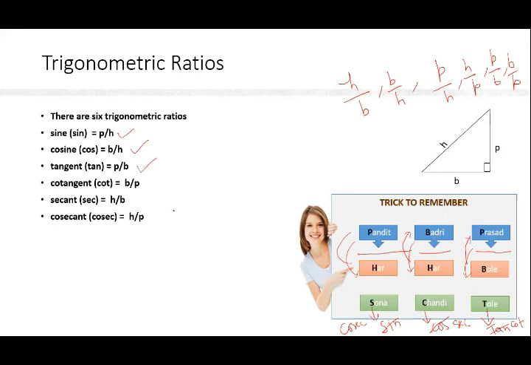So in cosec we are getting h upon p. If I interchange b and h here, h will go in the numerator and base will come in the denominator. You get another trigonometric ratio, that is sec. If you interchange numerator and denominator here, base will go in the numerator and perpendicular will come in the denominator. We get another trigonometric ratio, that is cot. So in this way, we are able to learn all these 6 trigonometric ratios.